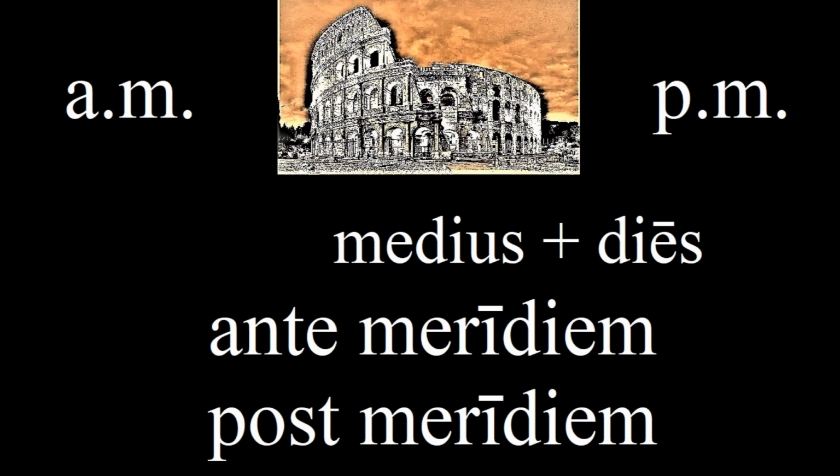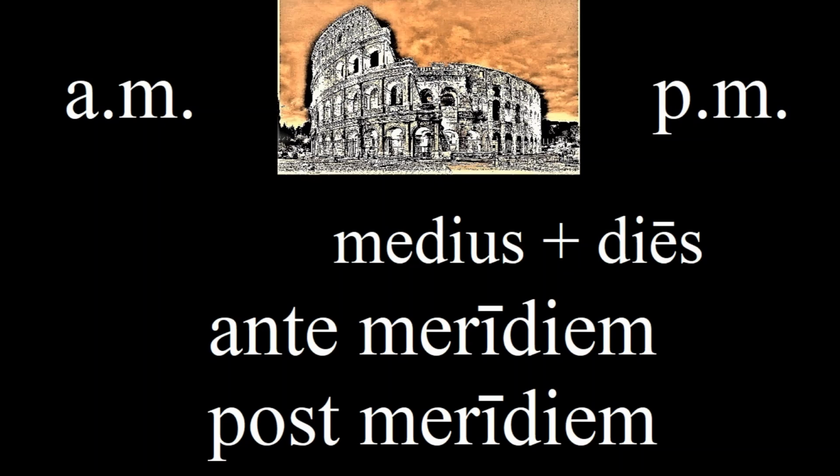What's useful about learning these abbreviations is that it can help you remember that ante and post always trigger the accusative when used as prepositions, as you can tell by the M on the end of meridiem. There often isn't any logical reason why one preposition triggers the ablative and another triggers the accusative, but a good way to learn these differences is to learn chunks like these, which will tell us the correct answer.